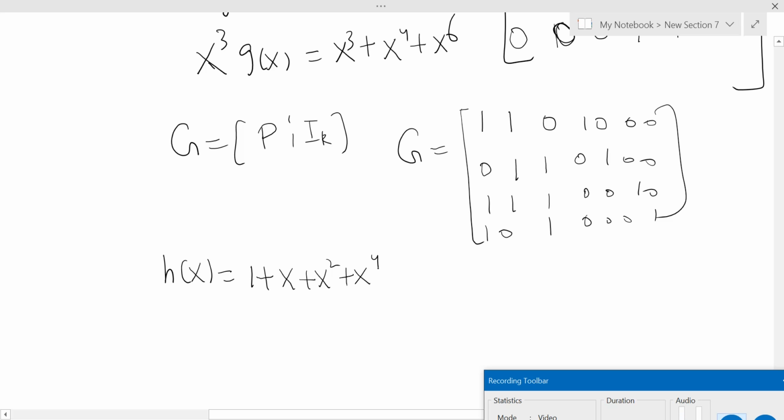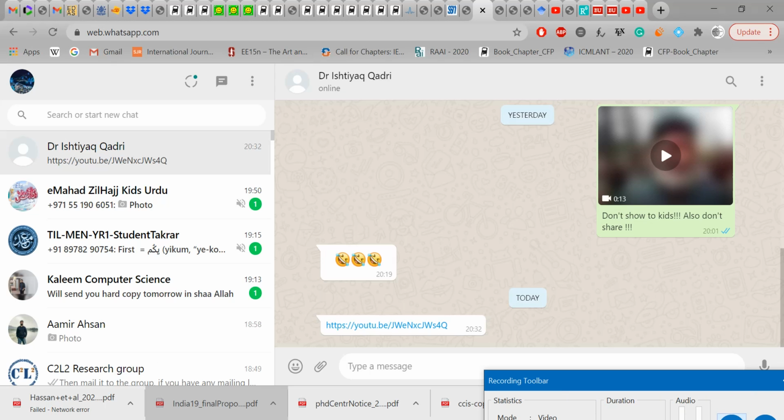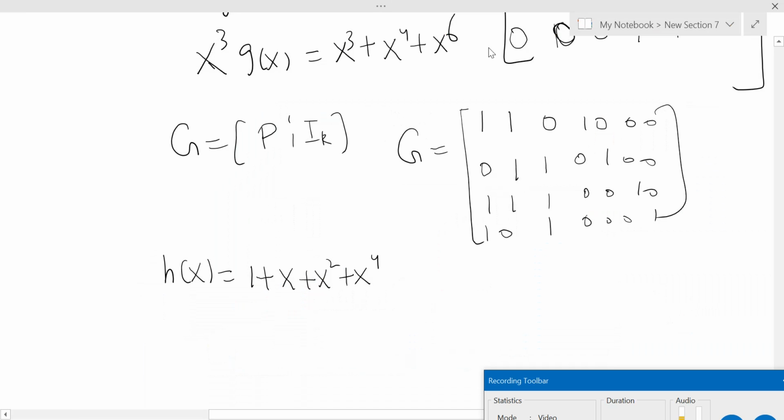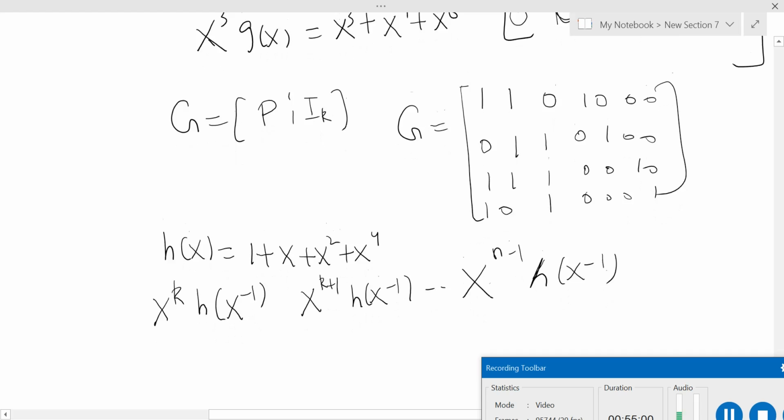So the way of generating the parity check matrix is, first you have to compute x to the power k h of x inverse, then x to the power k plus 1 h of x inverse, up to x to the power n minus 1 h of x inverse. So now how will we do that?